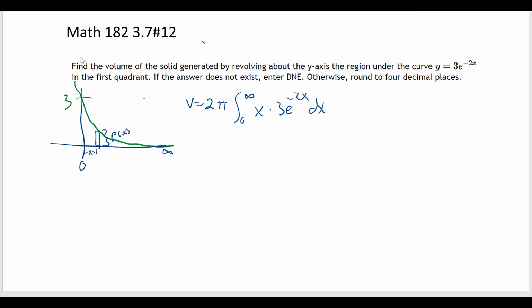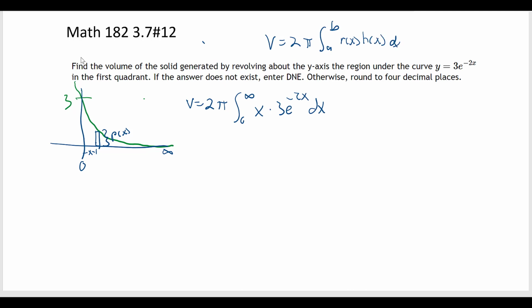My point in that was, because the formula is volume is 2 pi integral from a to b of r of x times h of x, or p of x, however we say that, dx.